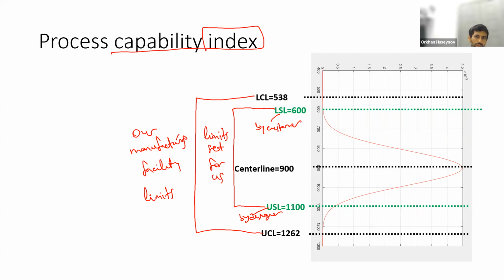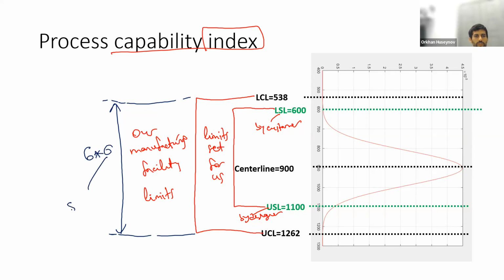And then this range here, statistically, this part is 6 sigma, 6 times sigma.